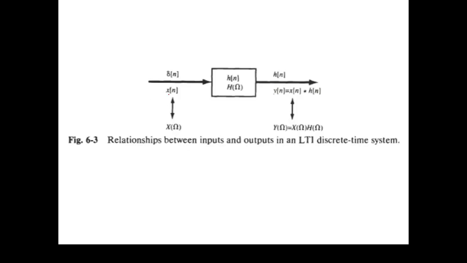Just before that, the same analogy I discussed with you some time ago: if you have an LTI system, how can we relate its input and output in the discrete time domain? Using the same analogy, we have x[n], we have h[n], and the output is y[n] equals x[n] convolved with h[n].